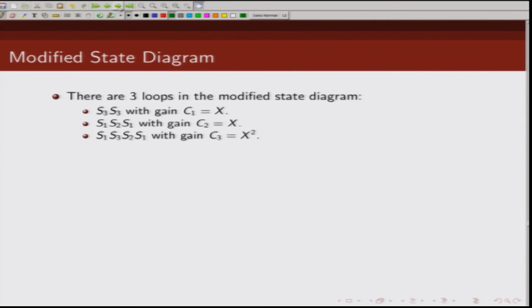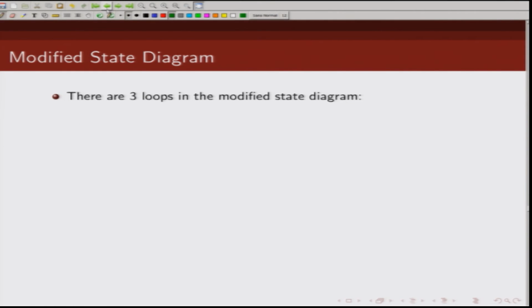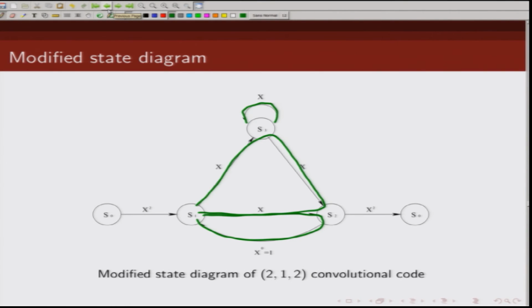Next, what are the pairs of non-touching loops? Only these 2, C1 and C2, are non-touching loops. Going back to this example, this loop and this loop are non-touching. Why? This loop contains S3 and this loop contains S1 and S2, so they do not have any state in common.